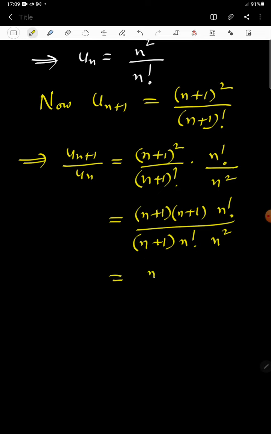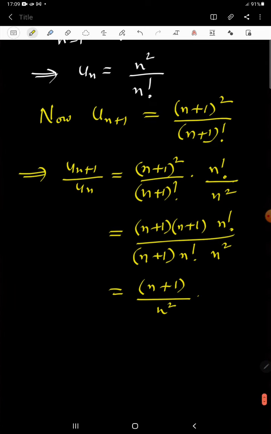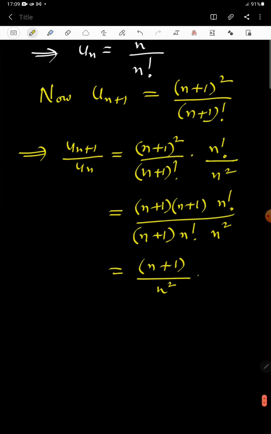We'll have n plus 1 divided by n square. Now un plus 1 by un is n plus 1 by n square, and it can be easily written as 1 by n plus 1 by n square, just separated. We have to bring it into such a form that the limit calculation becomes easy.